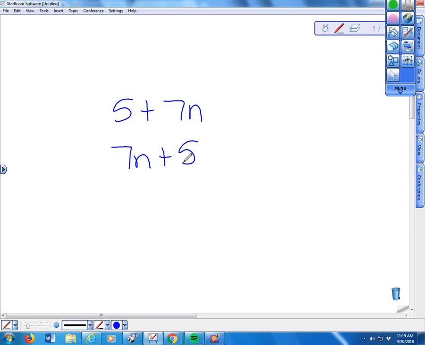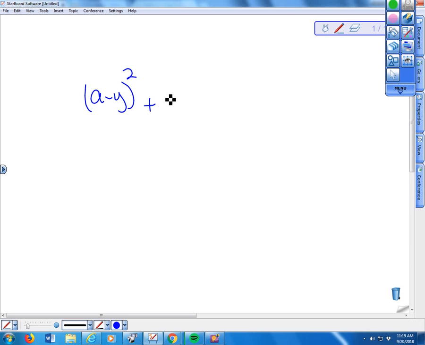Next one, evaluate a minus y squared plus 2y cubed if a is equal to 2 and y equals negative 3.